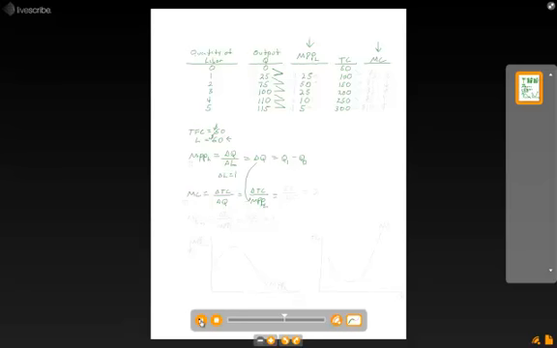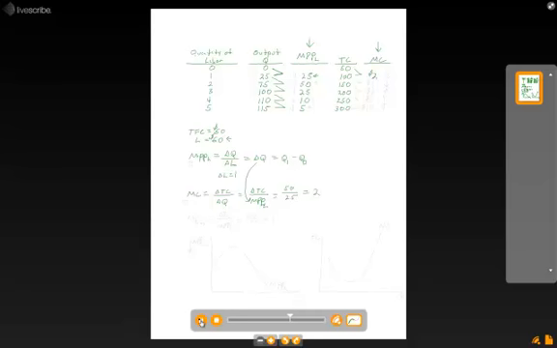So let's calculate it if we hire our first worker. Our change in total cost for hiring our first worker is going to be 100 minus 50. So our change in total cost is $50 divided by the marginal physical product of labor for our first worker, which is 25. 50 divided by 25 is going to give us $2.